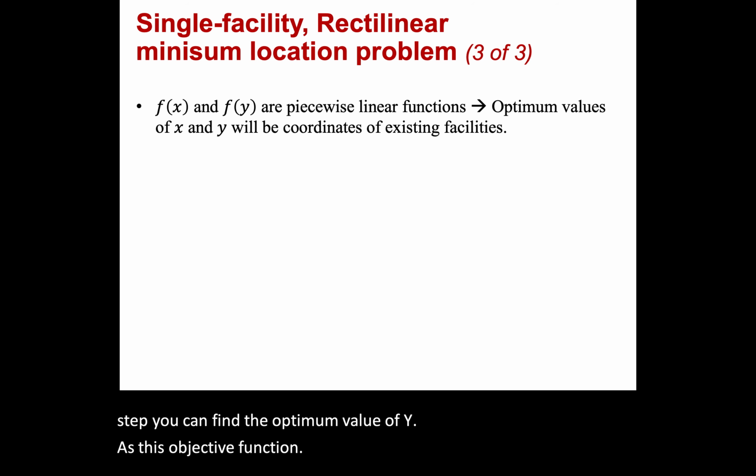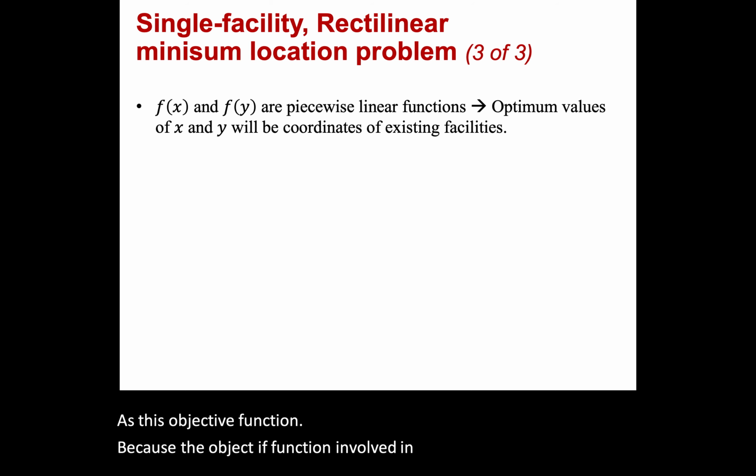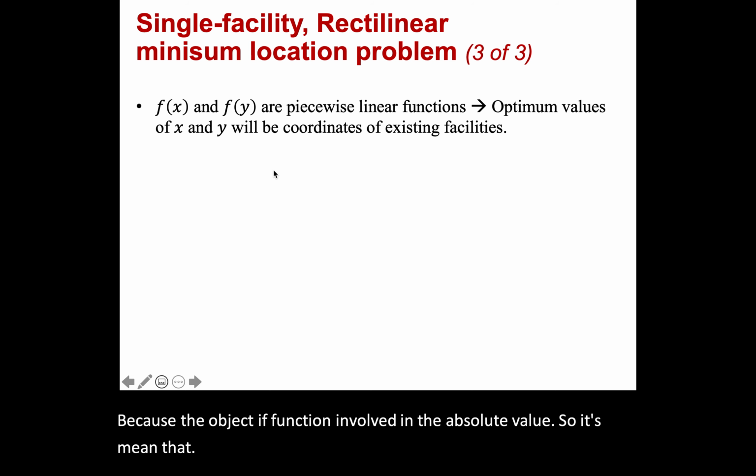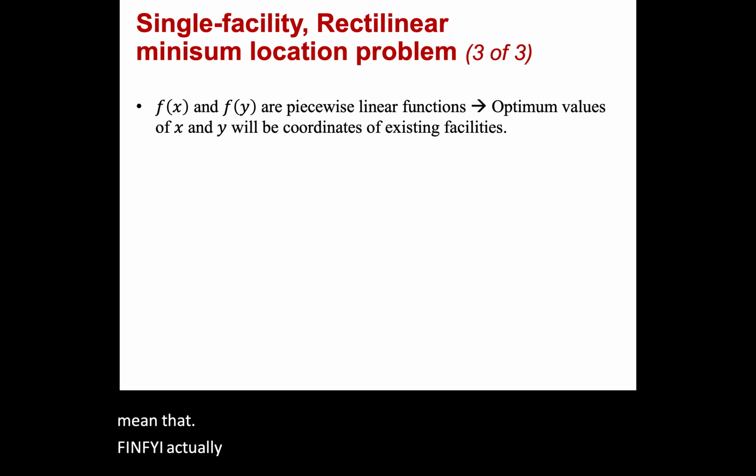And because the objective function involves the absolute value, fx and fy are actually piecewise linear functions.